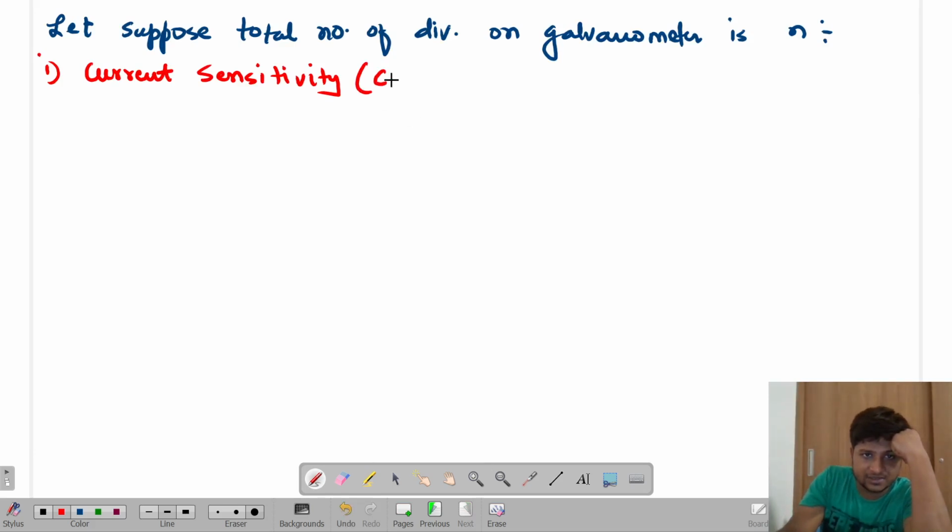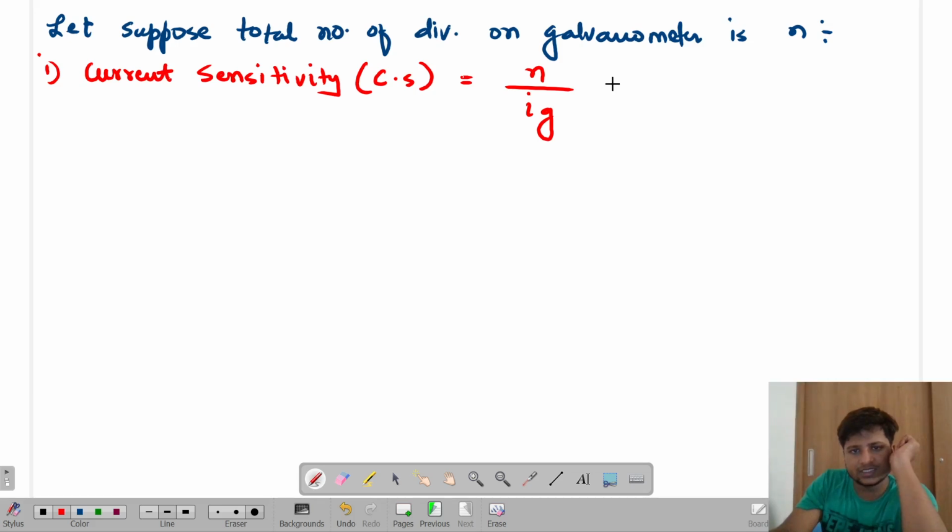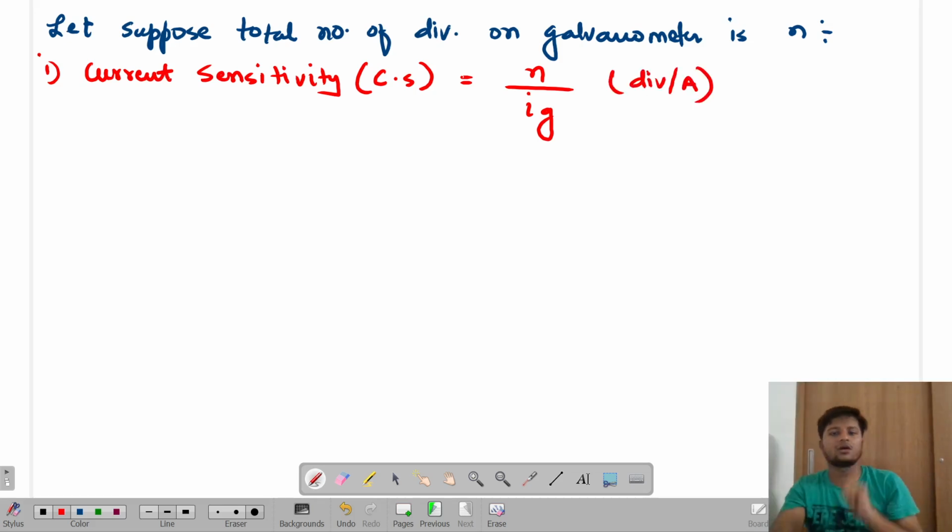Current sensitivity, in short CS, is equal to number of divisions divided by the total current passing through it. Its SI unit is division per ampere.